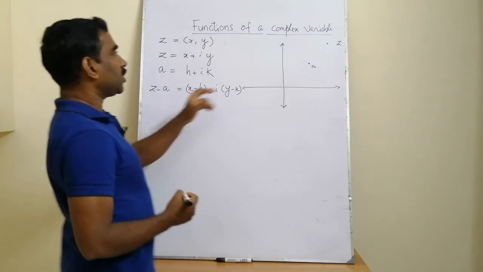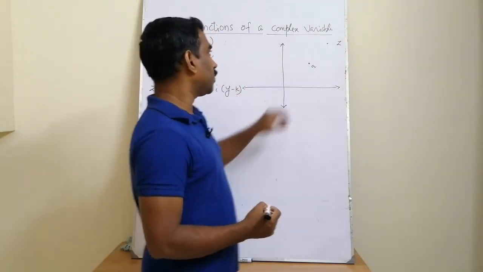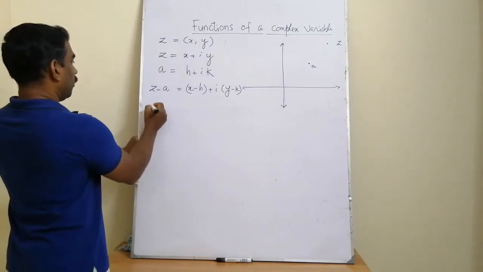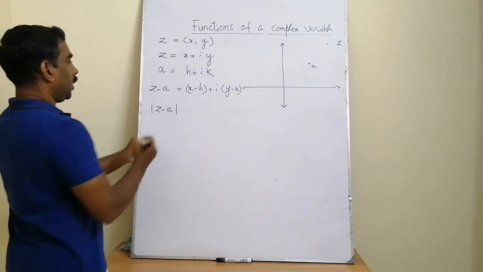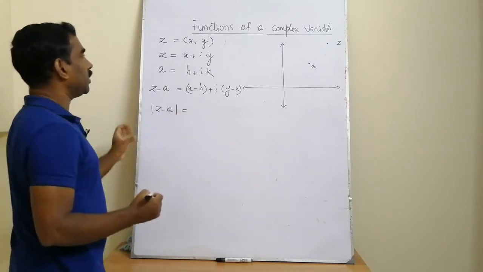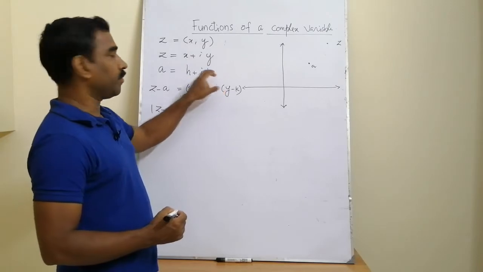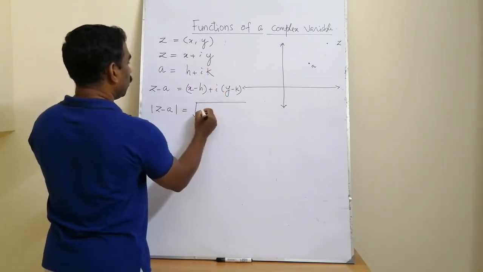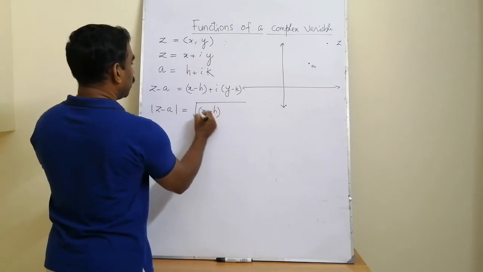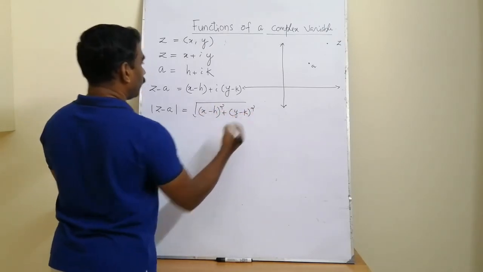Now we can measure the distance between this fixed complex number a and a variable complex number z. So the distance is modulus of z minus a. And modulus of z minus a means it is the distance between the points (x, y) and the point (h, k). So using the distance formula, we can have this as square root of (x minus h) the whole square plus (y minus k) the whole square.